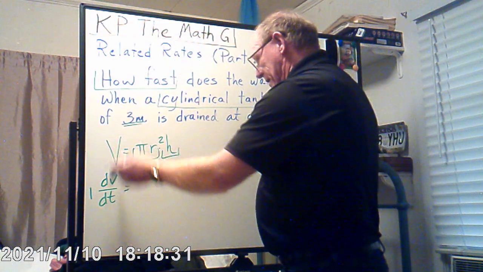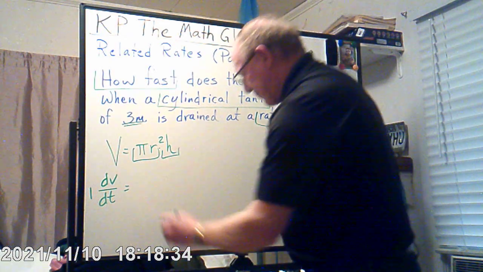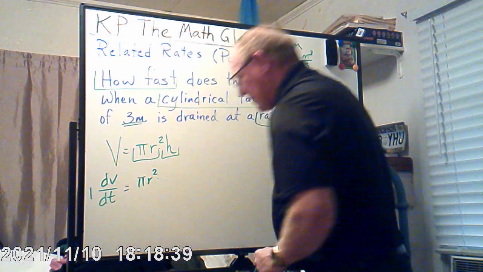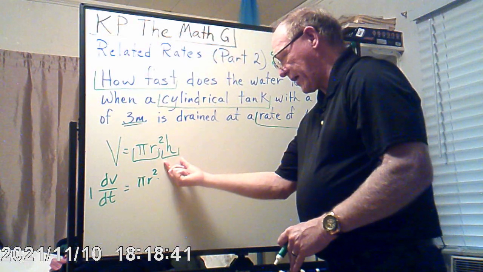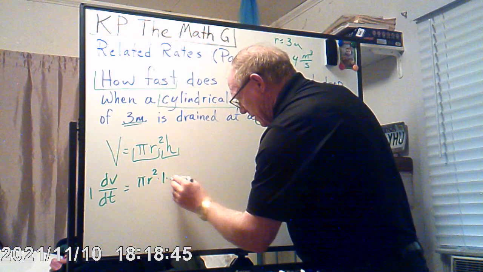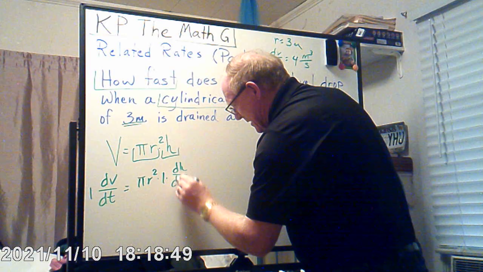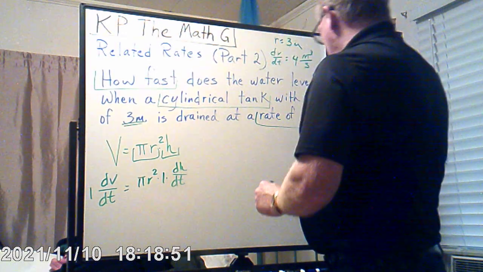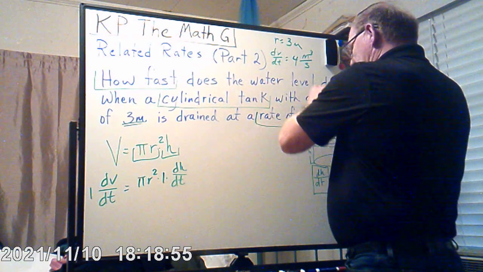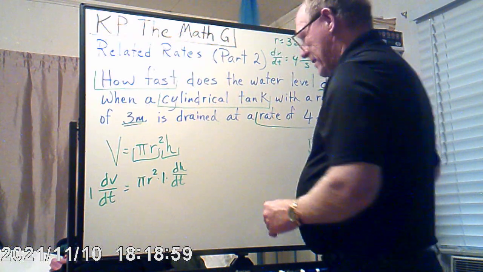The derivative of V is 1, dV over dt. Now the first times the derivative of the second. The derivative of h is 1, but that's 1 times dh over dt. That's the very thing that we are looking at. How fast does the water level drop? That's what we need to find.